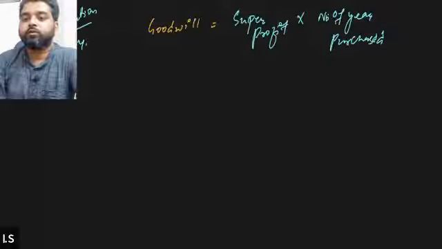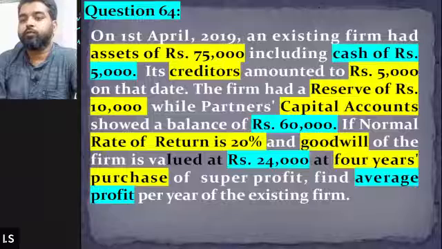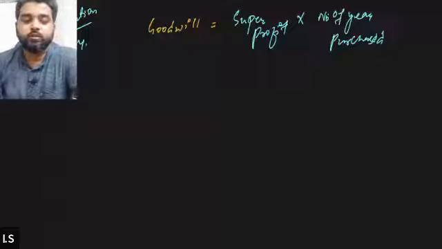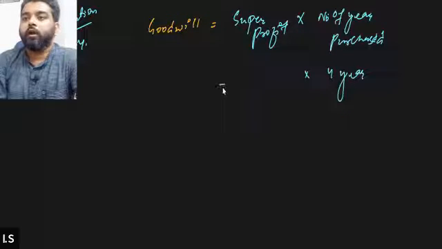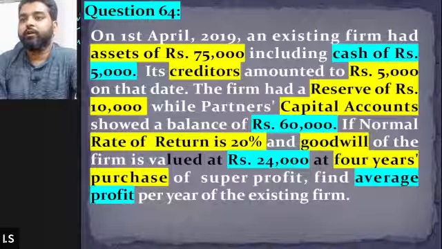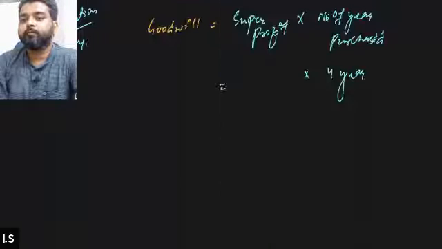The number of years purchase is also there in the question. Number of years purchase was 4, right? Number of years purchase is 4 years, and the value of goodwill is also given this time. Value of goodwill is 24,000.